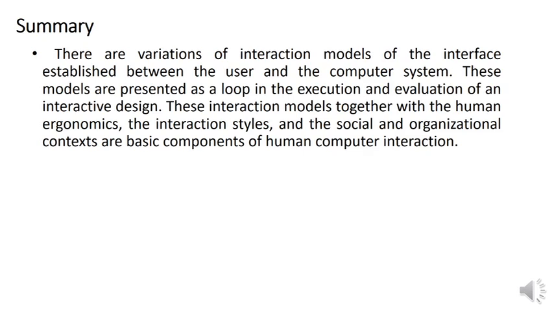These models are presented as a loop in the execution and evaluation of an interactive design. These interaction models, together with the human ergonomics, the interactional style, and the social and organizational context, are basic components of human-computer interaction. So you need to listen to this so that you'll be able to at least answer some of the practical questions under it.